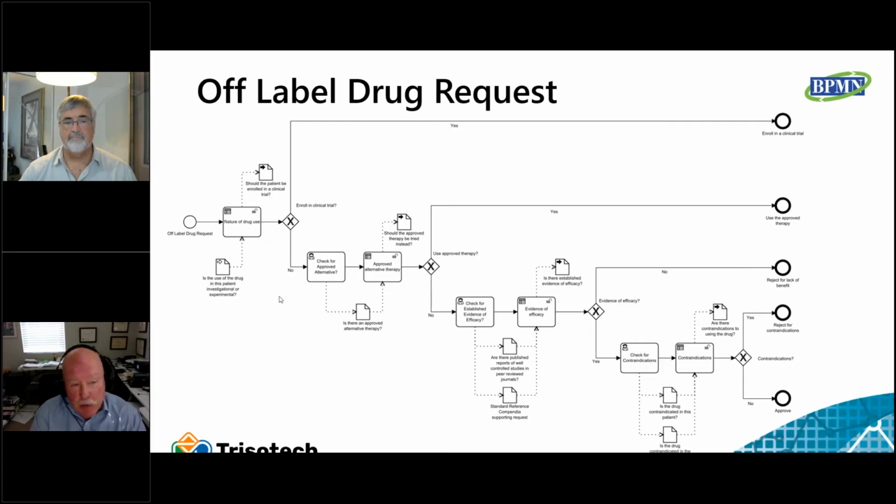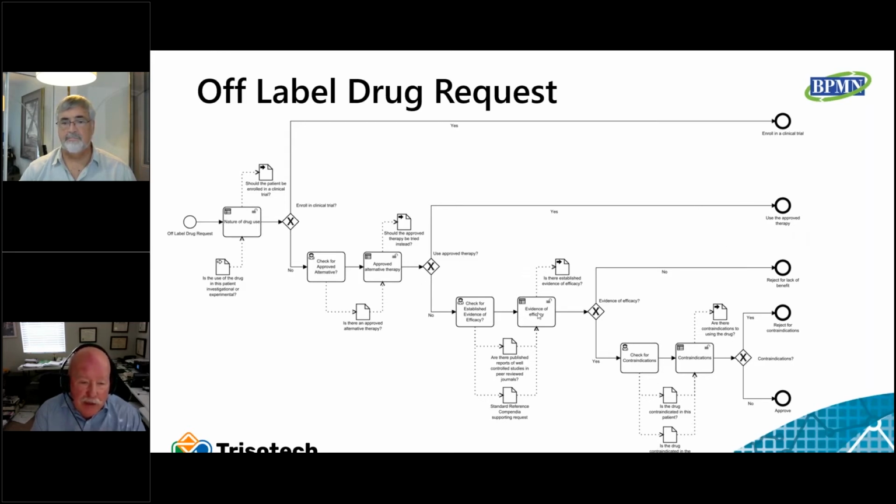If it's more experimental or research, then it really should be enrolled in a clinical trial and it's shunted off to the first exit. The next question is, is there an approved therapy that might be cheaper or something that might be a more acceptable therapy? If there is and has been tried, then the person should be tried on that.